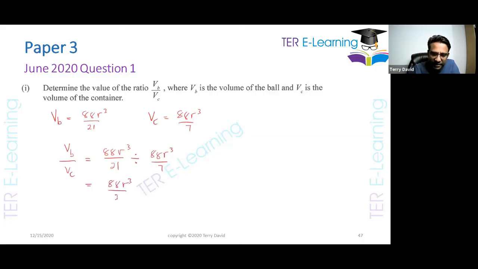So this is going to be 88 r cubed over 21, and we change the sign to a multiply, and we need to invert this, so it becomes 7 over 88 r cubed. Now, if you look carefully, what's going to happen? This 88 is going to cancel with this 88. This r cubed is going to cancel with this r cubed. This 7 will go into this 21 3 times, right? So my final answer here is simply going to be 1/3.